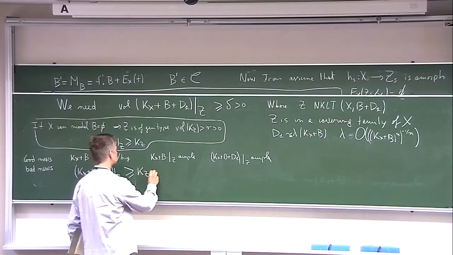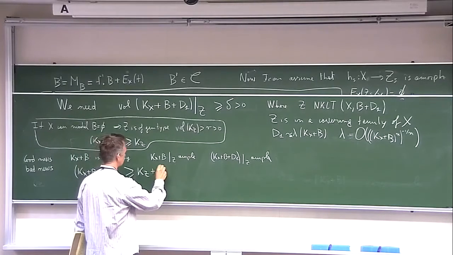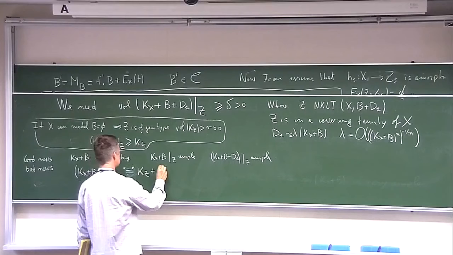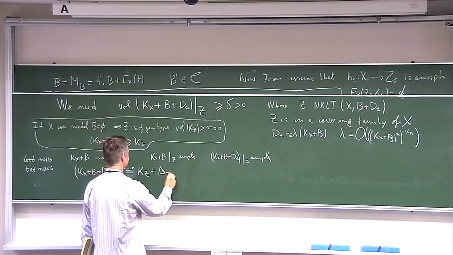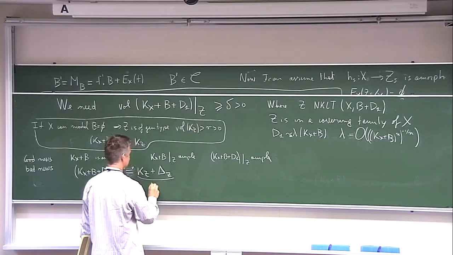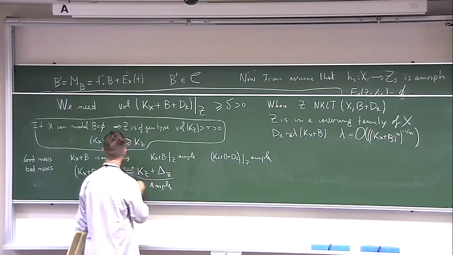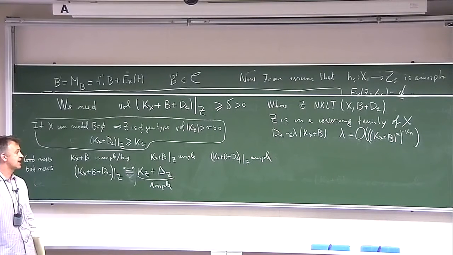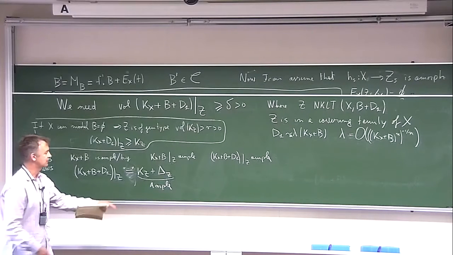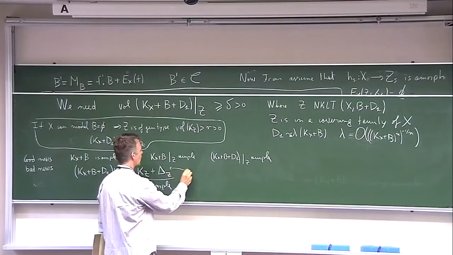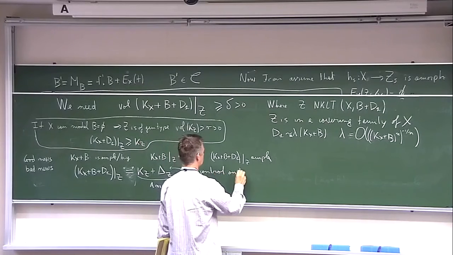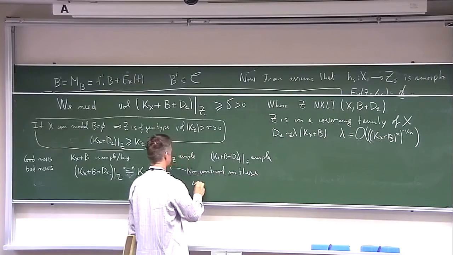In fact, it's greater or equal to Kz plus a boundary. Let's be more precise. Roughly speaking, it's equal to Kz plus a boundary, let's say delta sub Z, where this is still ample. Because if it's a restriction of an ample divisor, it will still be ample. So you may say, great, I'm done. You're not, because you have no control whatsoever on these coefficients.